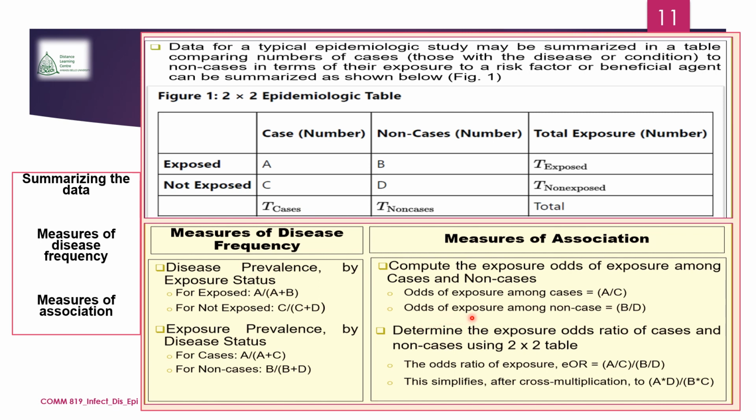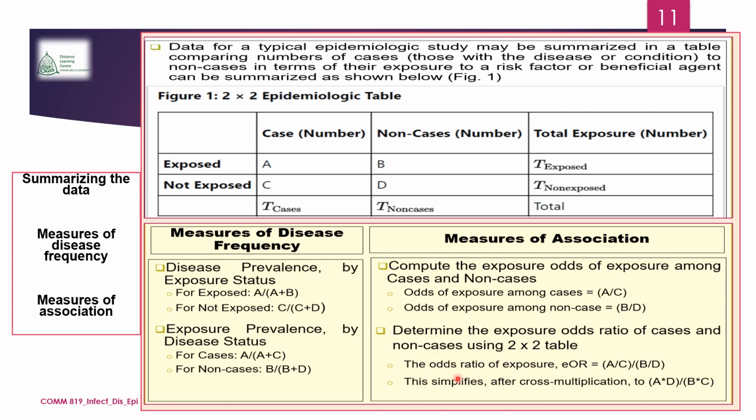Then the odds of exposure among non-cases will be B divided by D. Once you have calculated the odds of exposure, you now determine the exposure odds ratio, the odds ratio of cases and non-cases.